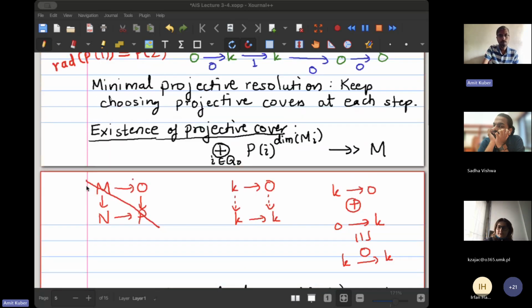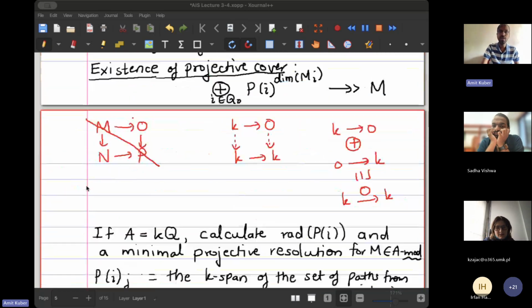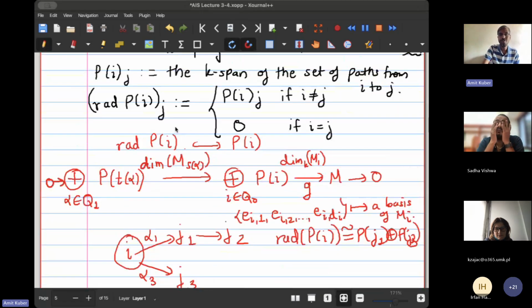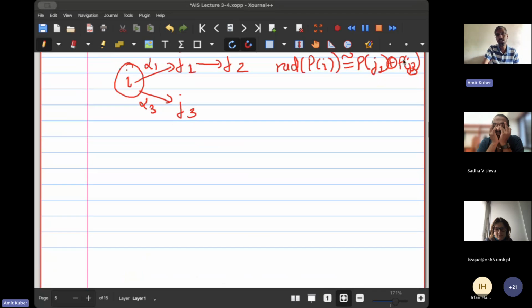So this is a minimal projective resolution, and that removes our dependency on which projective resolution we are choosing, because we saw yesterday that projective resolutions are not necessarily unique. We saw some examples of that also during the tutorial. I can simply take any projective resolution and add something else. Let me show you something.